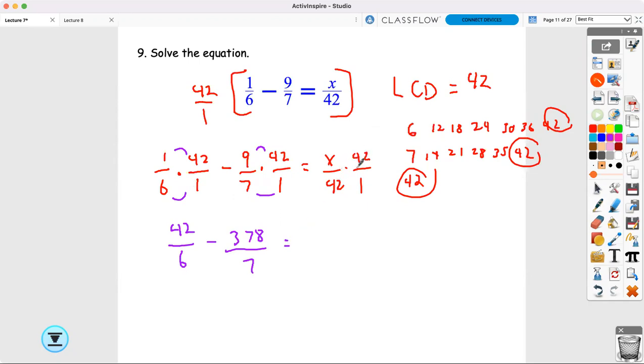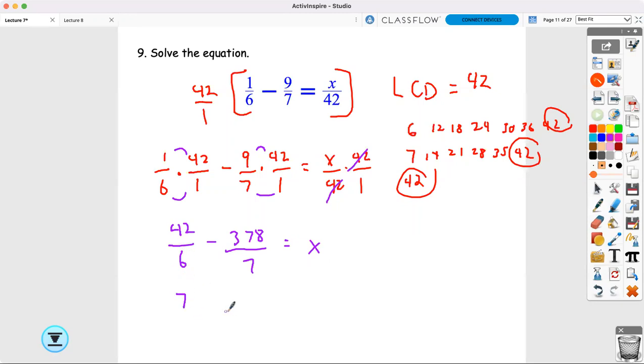Remember the rule, we have the same number on top and bottom. We can cancel those out. So then we get x over 1, which is just x. So now we simplify these fractions by using our calculator to divide. So we're going to do 42 divided by 6, which gives us 7.